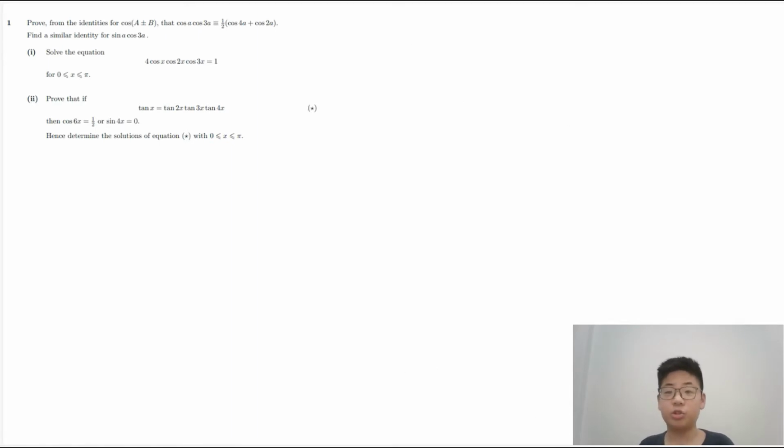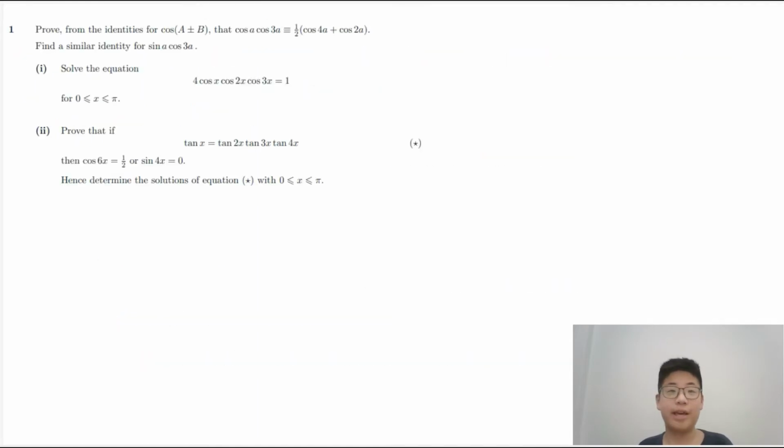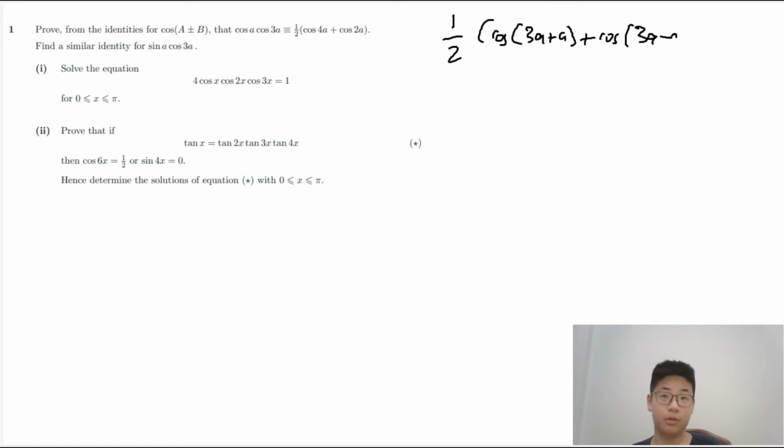Now if you zoom in and see the question a bit better, cos A cos 3A is half of cos 4A plus cos 2A. Now how are we going to decompose the expressions? Well, we could write it as this, and then this way we could expand using the addition formulae.